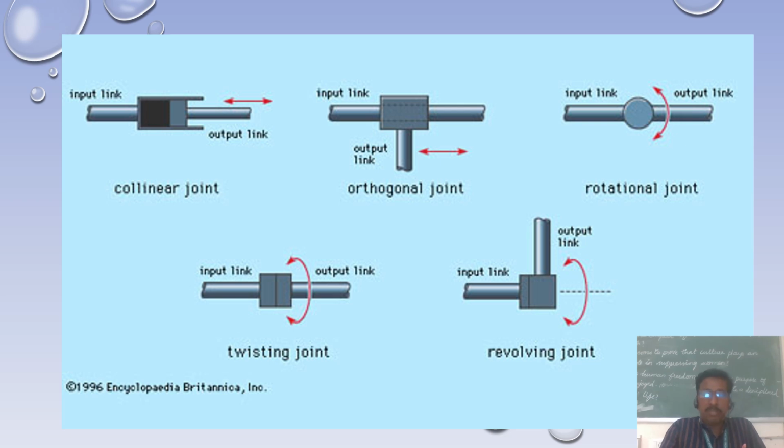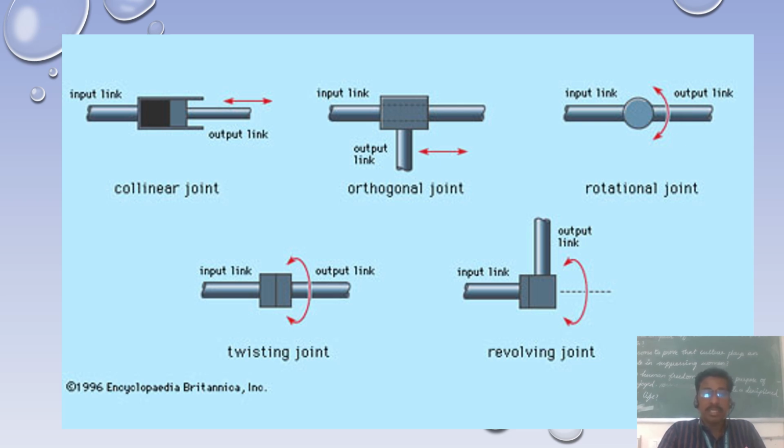So these are the different types of joints that are implemented in the robotic system. One is the collinear joint, with input link and output link. So this will rotate in the x and y axis, right?